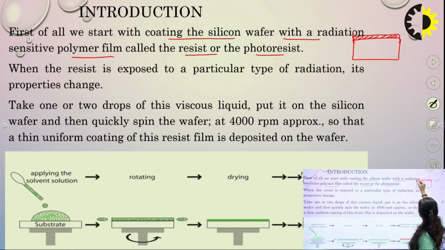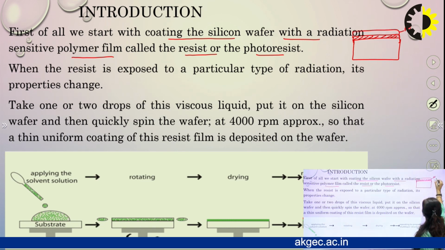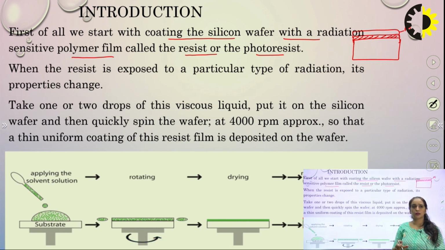Over this oxide layer, we are going to apply the photoresist material. If we need to stick something over another thing, we need to have some sticking material. That sticking material here is your PR, photoresist material.